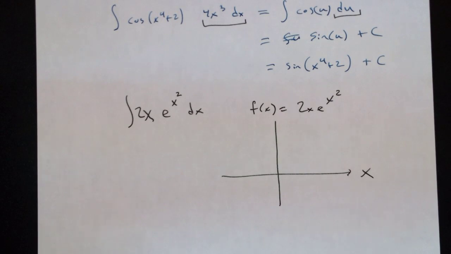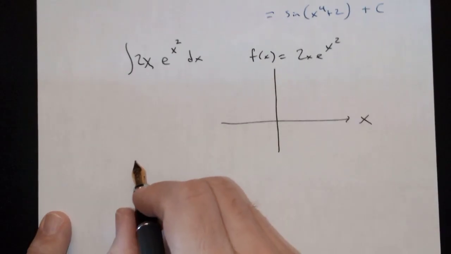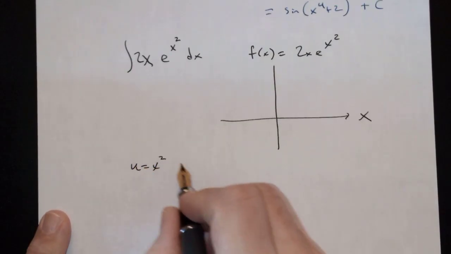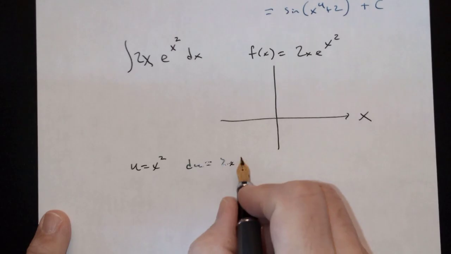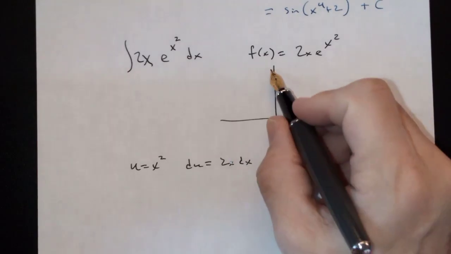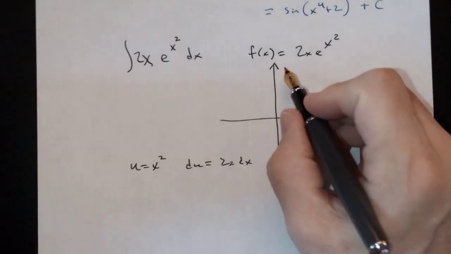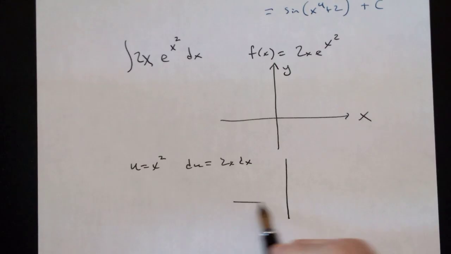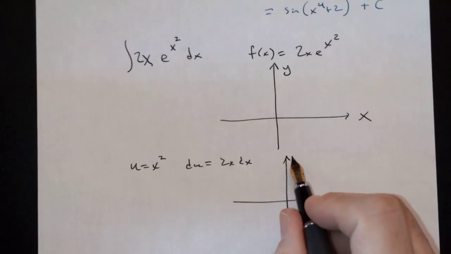When I make this substitution, I'm literally changing the axis we graph on. So instead of having x and y, I want to have U and Y.